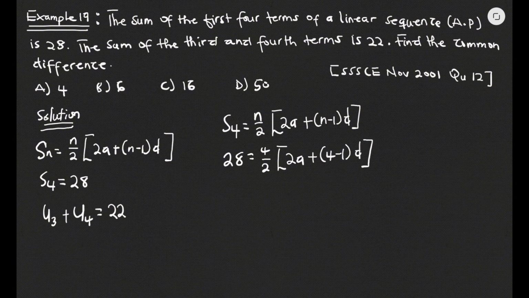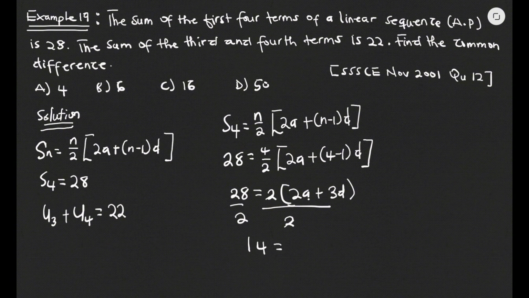Now the 4 over here is the value of n. So I have 28 is equal to 4 divided by 2 gives me 2, multiplied by 2a plus 3d. From here I just divide both sides by 2, this will cancel this. So I have over here 14 is equal to 2a plus 3d.